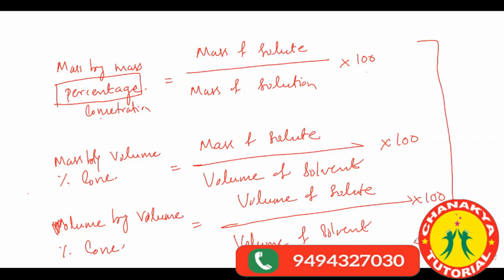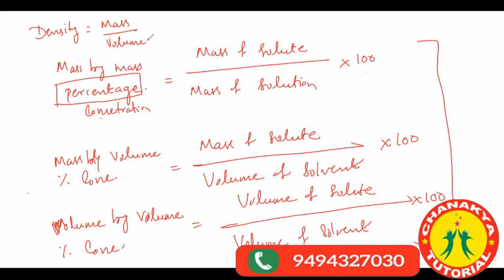Apart from that, one more formula is there which is quite important. I'll let you know. It's very basic. You have learned it in previous grades. You know about density? Density is equal to what? Mass upon volume, right? Sometimes what happens? Quantity may be given in volume. They may give you density, and they may ask you to calculate mass by mass percentage.